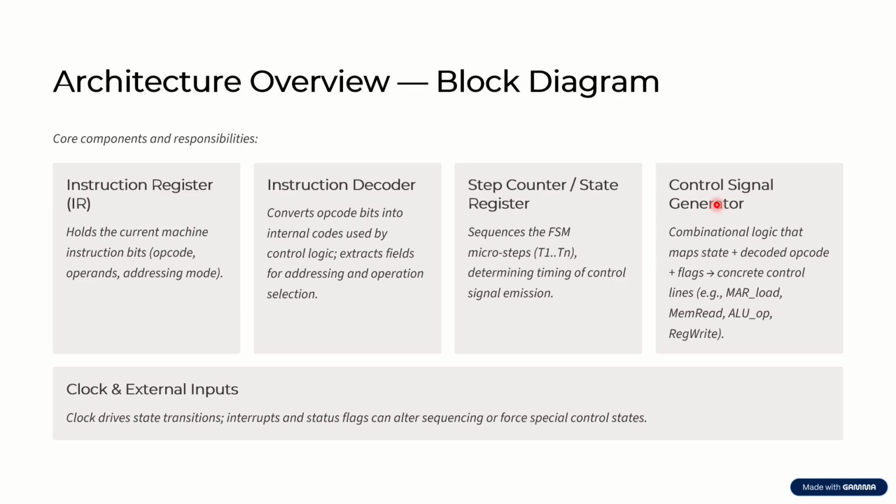Control signal generator: combinational logic that maps state plus decoded opcode plus flags to concrete control lines. Examples: MAR load for loading the address, MemRead for reading the data, ALU opcode like plus, minus, etc., and RegWrite for writing in registers.